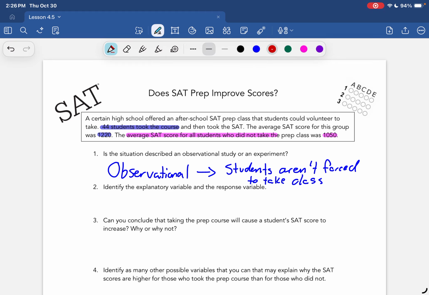Now, we can then come in with our fancy stats things and talk about the fact that for an observational study, we have no treatment. There's nothing that we are doing here for this observational study. Compared to when we talk about an experiment, we're going to have some sort of treatment imposed.